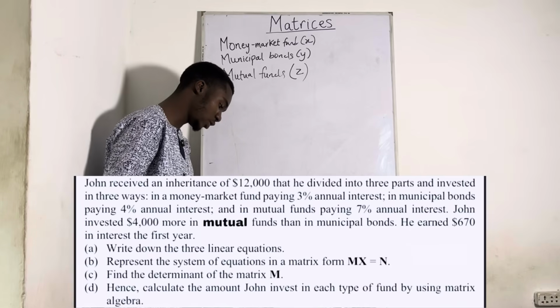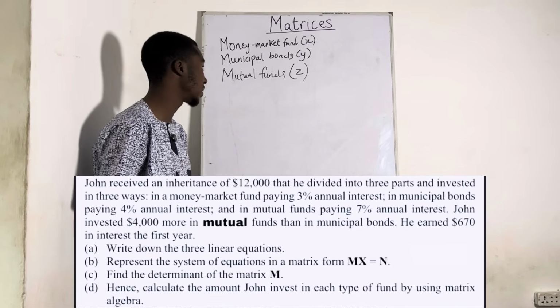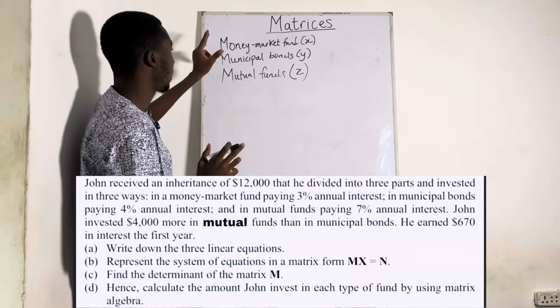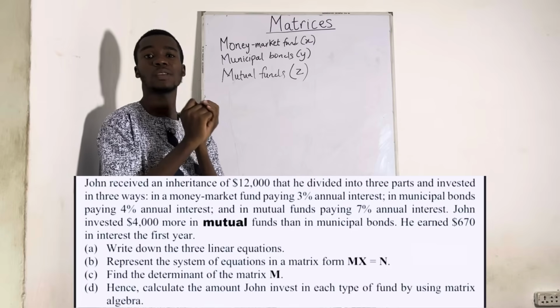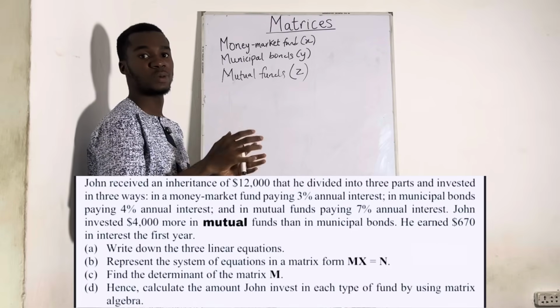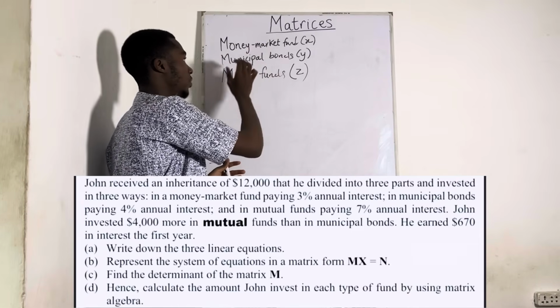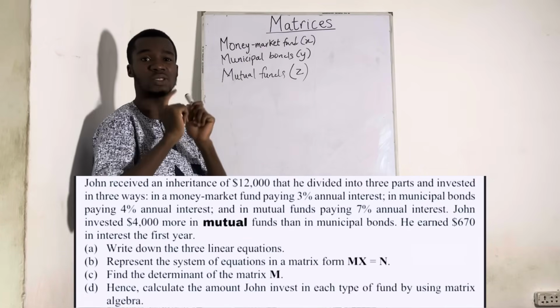The question says that John received an inheritance of $12,000 and he divided it into three parts. So these are the three parts that he divided it into: the money market fund, municipal bonds, and mutual funds. The $12,000 is what has been divided among them. So when you add all of them, you should be getting $12,000.